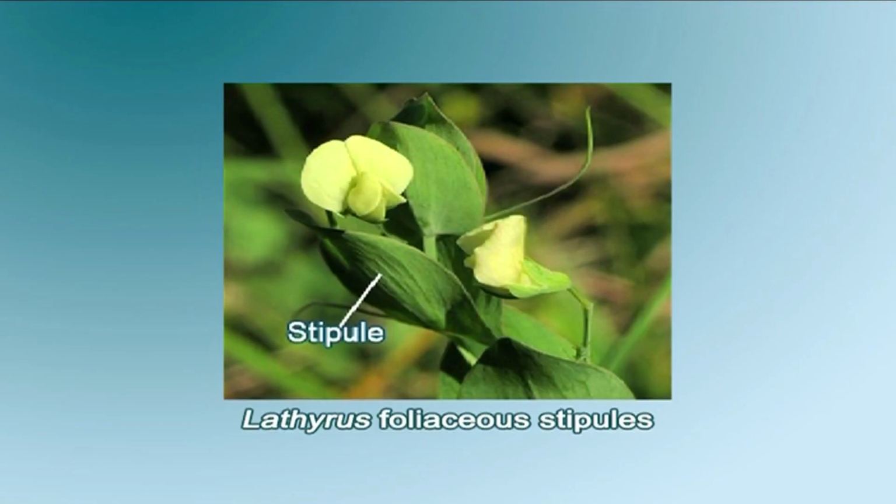Leaves are spirally arranged, stipulate, stipules sometimes spinose. They are foliaceous in Lathyrus.